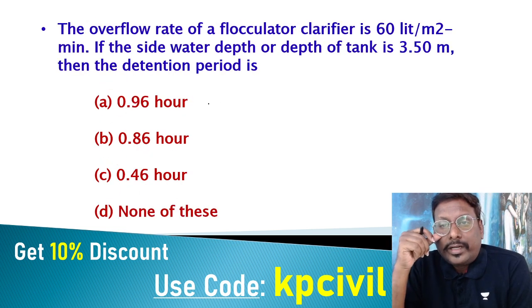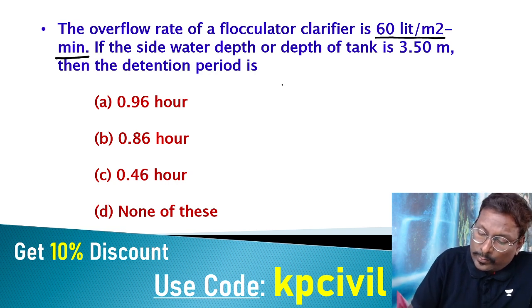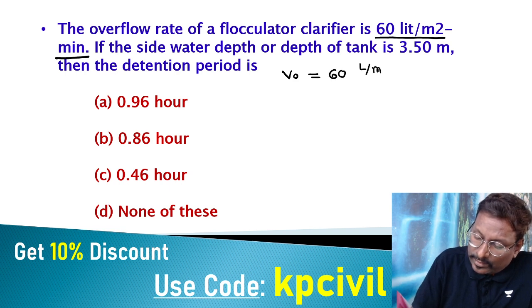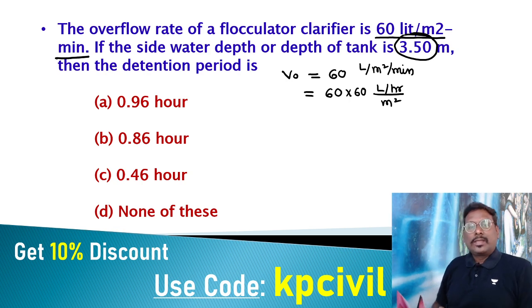The overflow rate of a flocculator is 60 liter per meter square per minute. So take it 60 into 60 liter per hour per meter square. Depth of the tank is 3.5 meters.